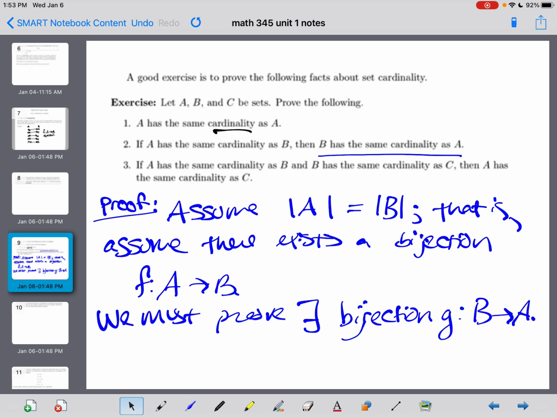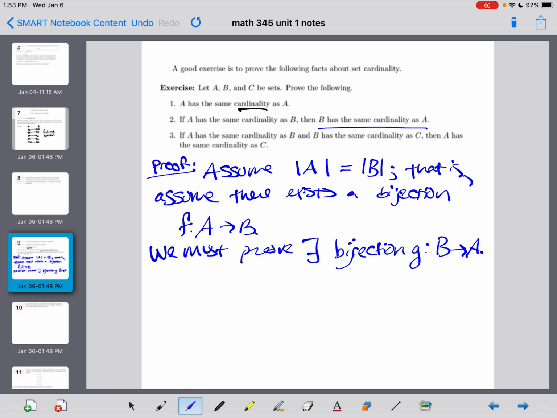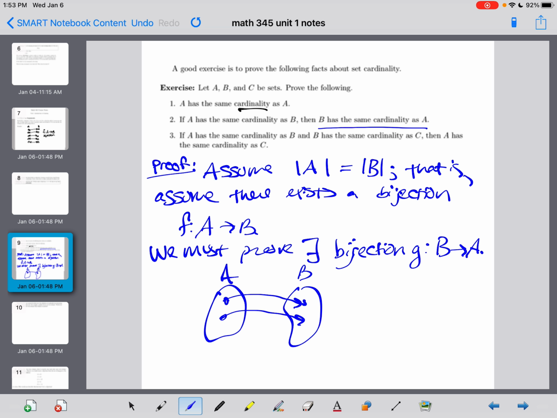How are we going to do this? Well, just to give ourselves, maybe we should have done this in the scratch work section, here's our set A and here's our set B, and we know that there's a bijection going this way, from A to B. It's one-to-one, so two different elements of A have to map to two different elements of B, and it's onto, so every element of B has to get mapped to by something in A. So how do we know that there is a bijection that goes backwards?